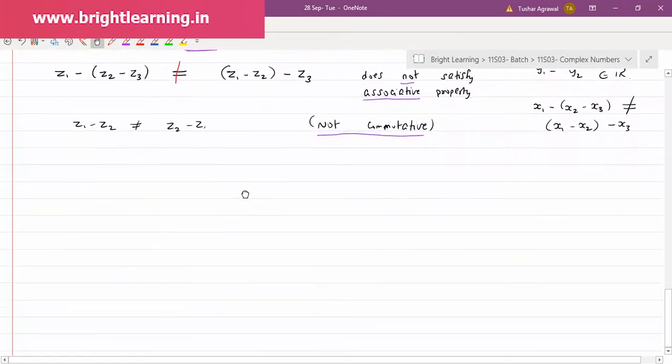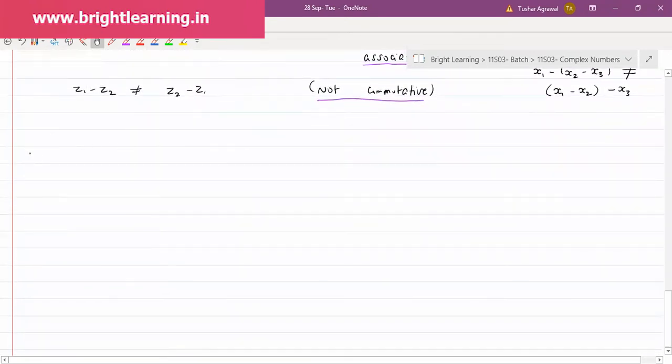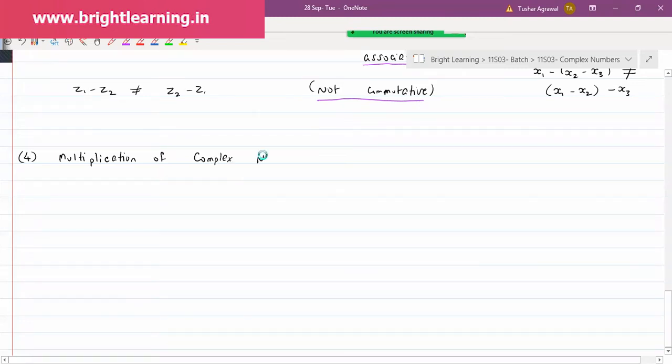Now multiplication of complex numbers. Multiplication of complex numbers. Now this is a little bit tricky business.